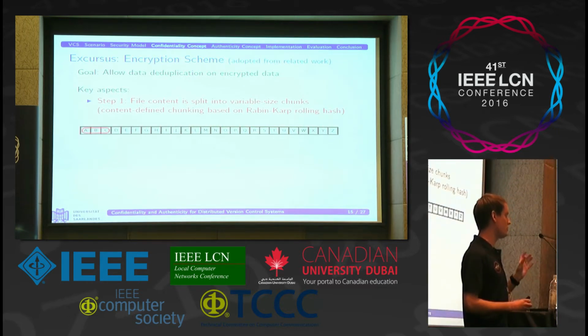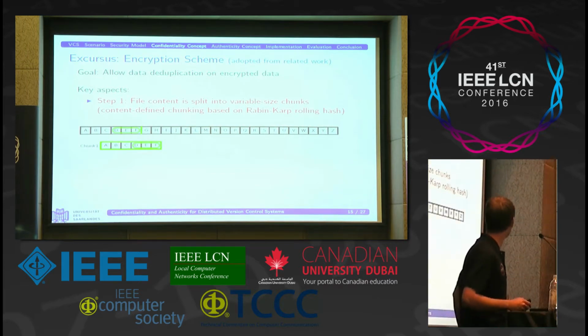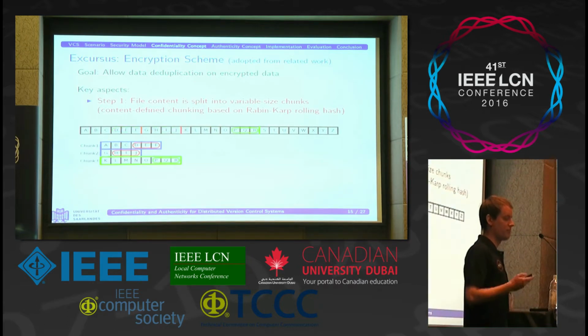We consider the first couple of bytes of the file content, compute its hash value, and then we move this window to each byte of the file content, and whenever we find a position whose hash value meets some specific condition, we create a chunk boundary at that point. That is done for the whole file content, and finally we have a number of chunks.